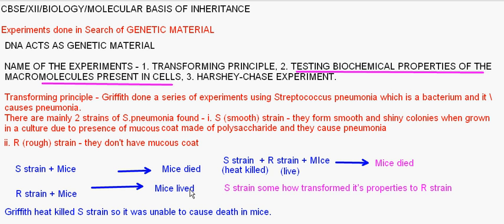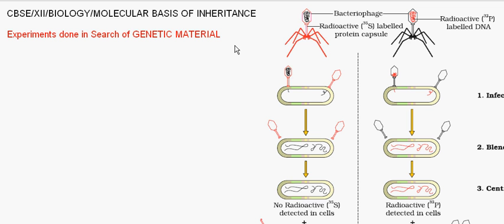Now coming to the most important experiment done by Hershey and Chase. This experiment finally decided that DNA is the genetic material. We know that bacteriophages are the viruses which attack and grow inside the bacterial cells. They infect bacterial cells.